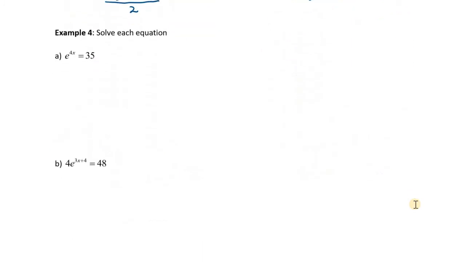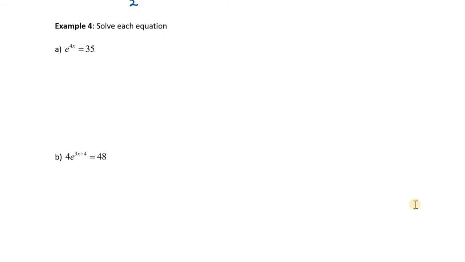All right, moving on to example 4. In example 4, our base is e, which means we're going to be using the natural log. So for the first one, basically I'm using the same steps, except instead of using log base e, I could just use the natural log, because the natural log is log base e.